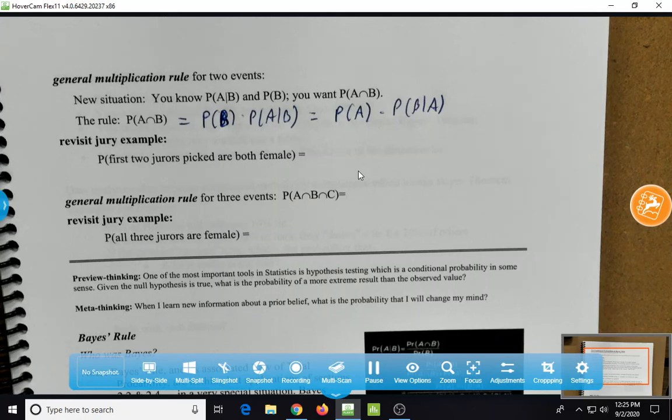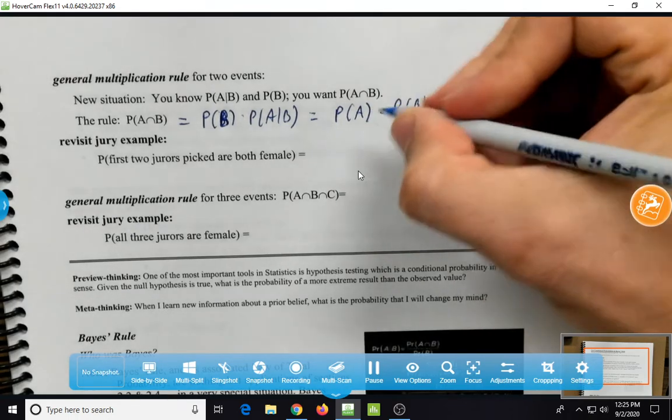Instead of picking B first, I could pick A first. So it's still probability of A intersect B equals probability of A times probability of B given A. No, that's a multiplication. These are dots. This is multiplication.